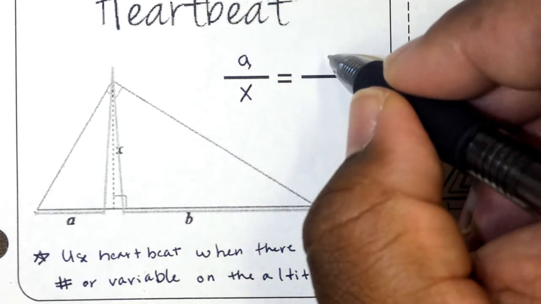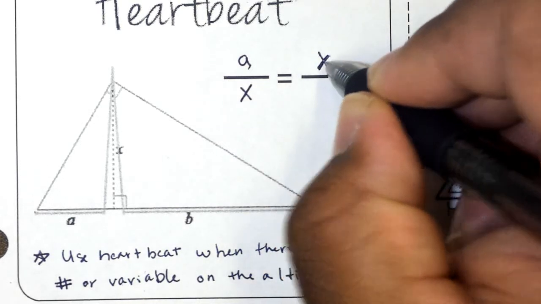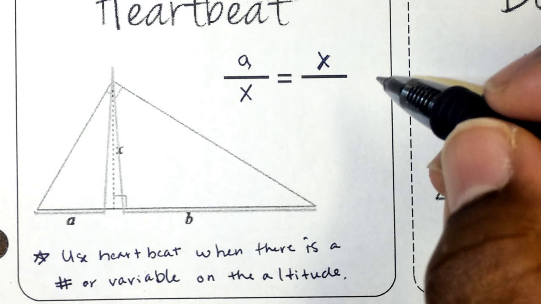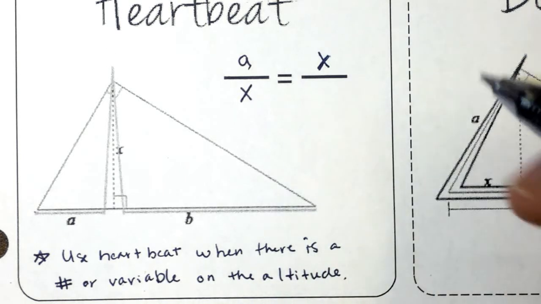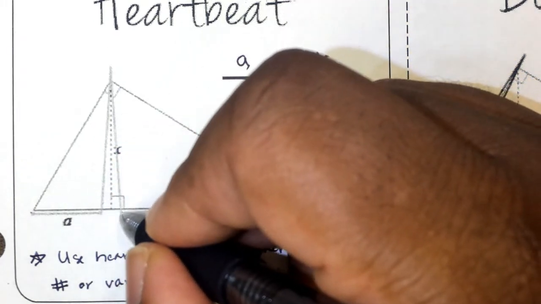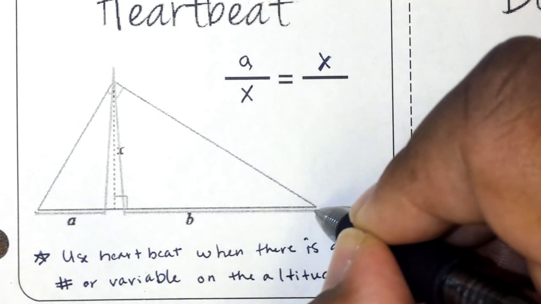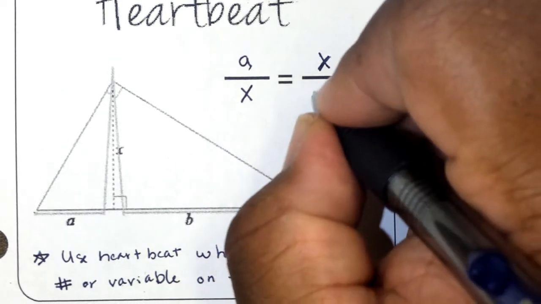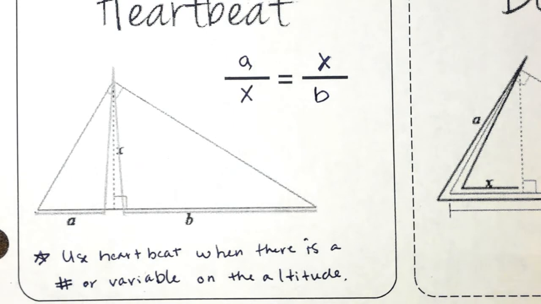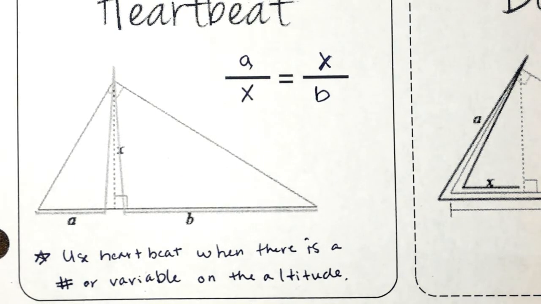I'm going to write this other X on the top right. So you go left top, left bottom, then right top, then right bottom. And then I come down, and then I go across this side right here with the B on it. Doing heartbeat helps you write this proportion correctly. Of course, it's not always going to be all letters. We're going to put numbers in, but right now we're just practicing with y'all.